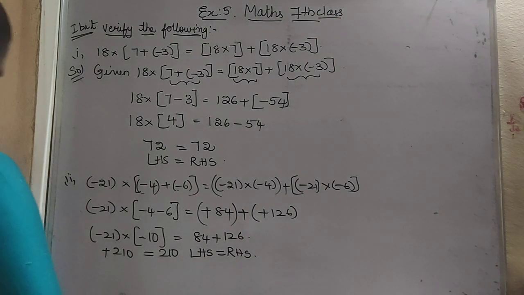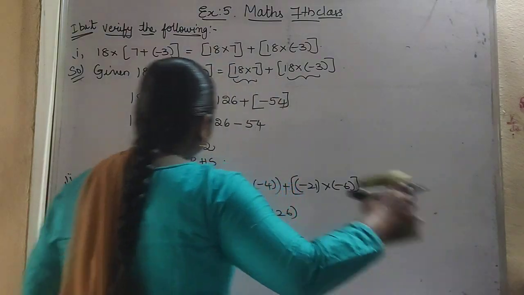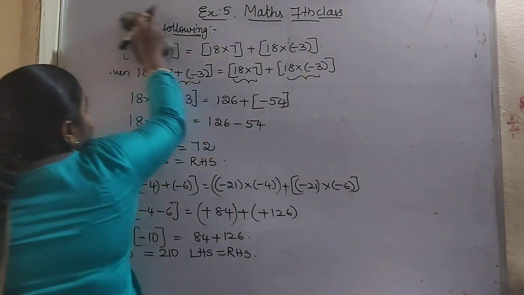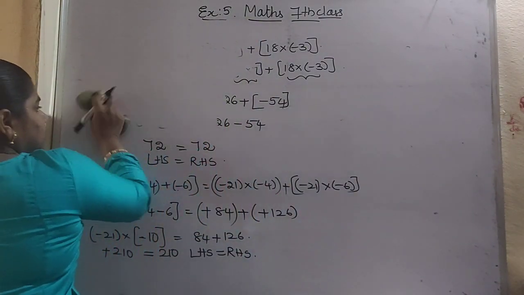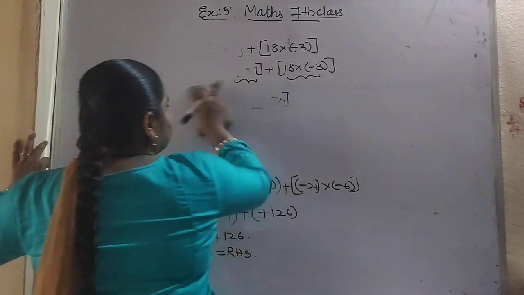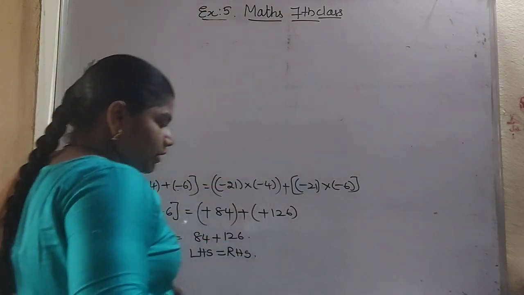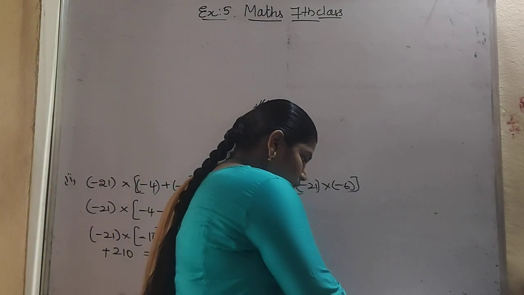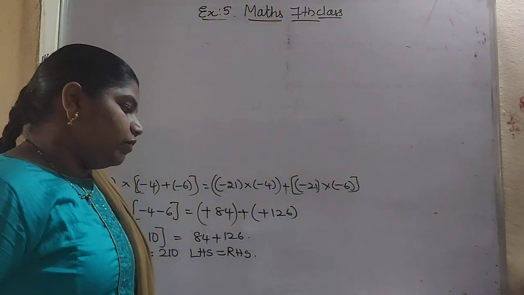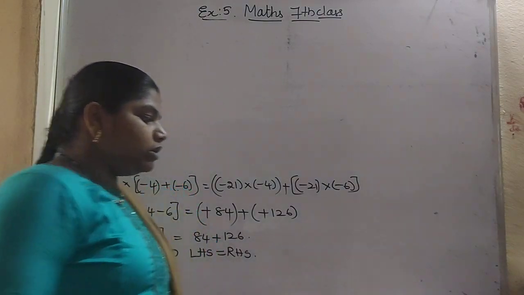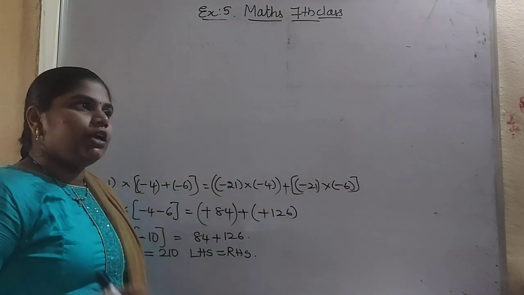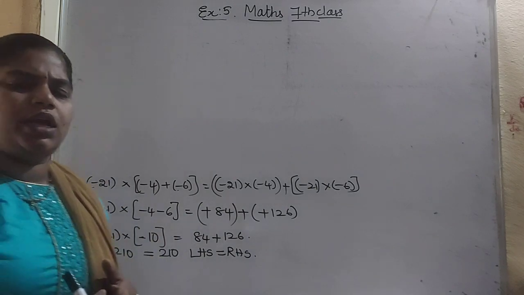Okay, so next is the second bit. For any integer a, what is minus 1 into a equals to? For any integer a, in place of a you can substitute any number.